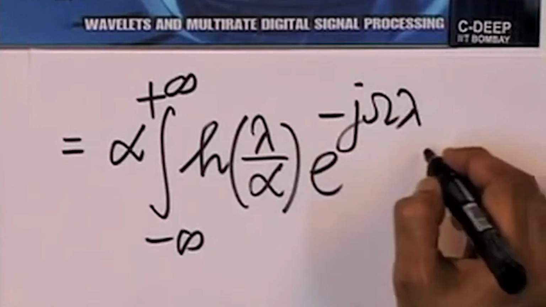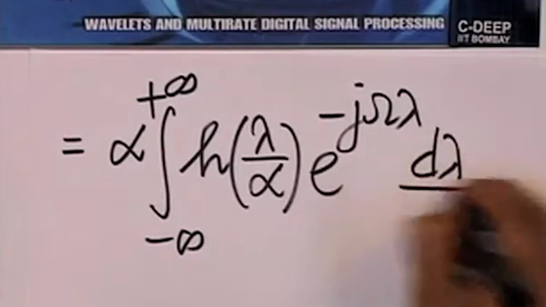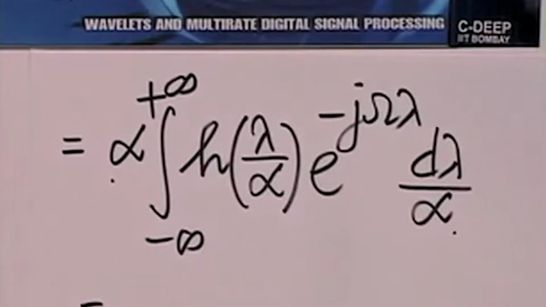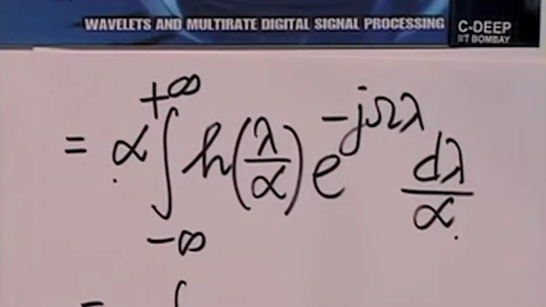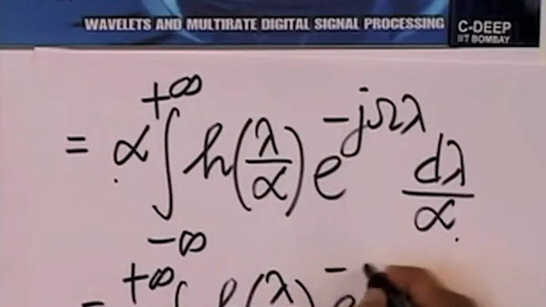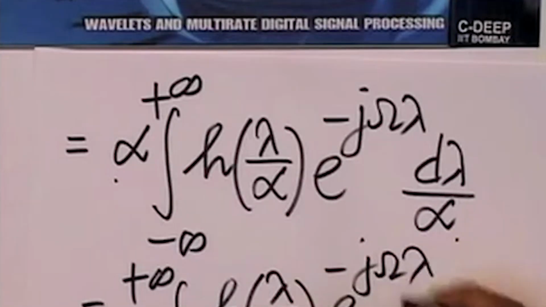Now, dt is d lambda by alpha, and now if we just cancel the alpha here and the alpha here, we get integral from minus to plus infinity h lambda by alpha e raised to the power minus j omega lambda d lambda, which is essentially the Fourier transform of h of lambda by alpha as the argument. So, we have divided the argument by the positive number alpha.